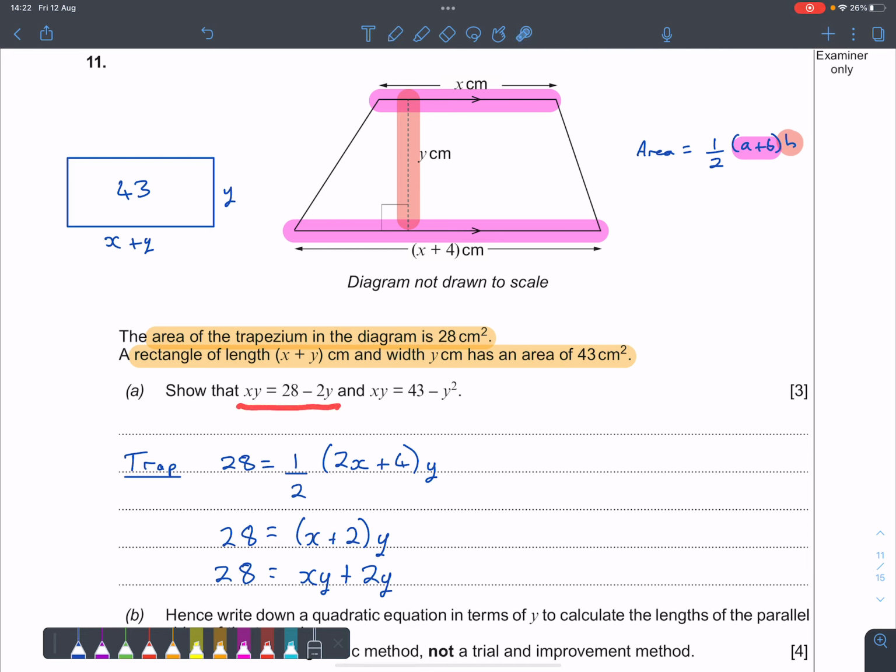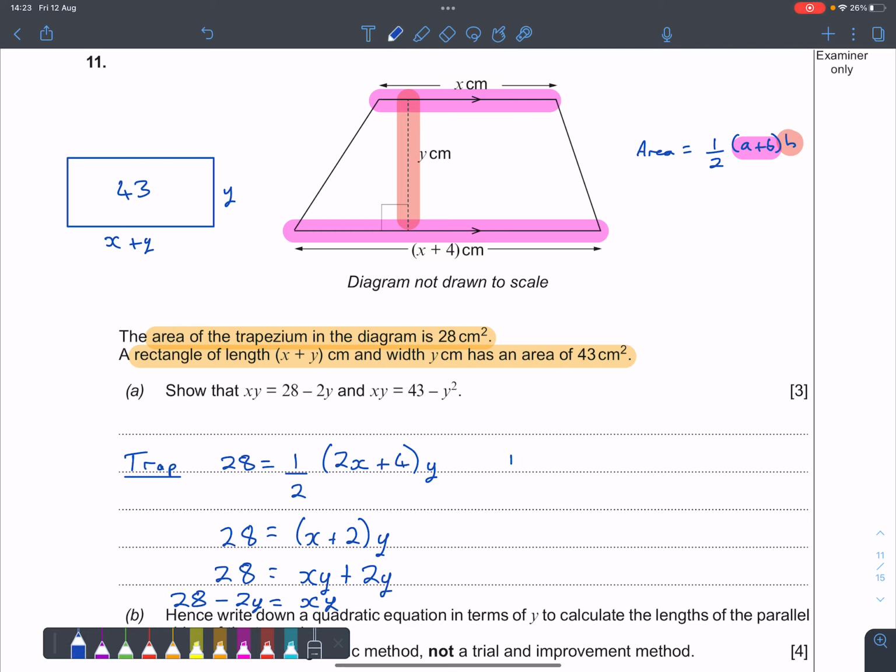So let's make xy the subject like it is there. If I make xy the subject, I need to take 2y off both sides. So I get 28 minus 2y equals xy, which is what we want. It's just on the opposite side of the equation, so that's fine.